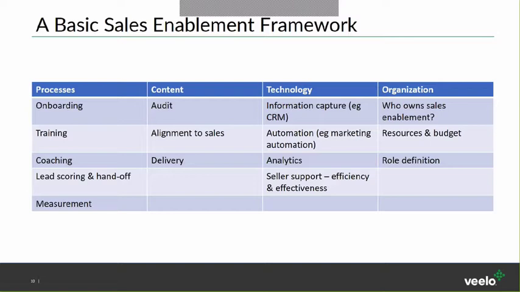If you don't have a tool in place to measure that, you can start with simple surveys from sales, get feedback, and then as you get more mature, implement technology or systems that allow you to measure usage on an ongoing basis, equate usage to delivery into the pipeline, and then ultimately to sales, and then have that ongoing ad hoc feedback mechanism so sales can give you both positive and negative feedback.